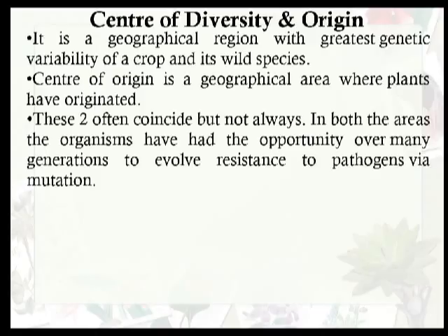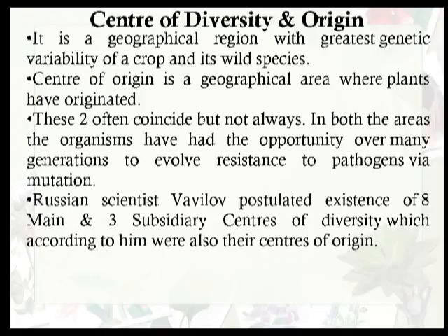And in both these areas, the plants have had the opportunity to evolve resistance to various pathogens and other diseases via mutation. Now, Vavilov, a Russian scientist, postulated the existence of 8 main centers and 3 subsidiary centers of diversity.